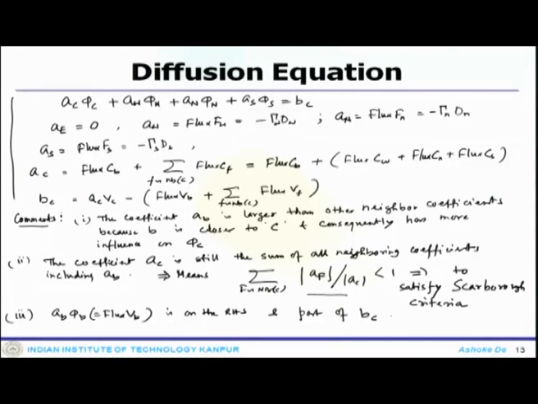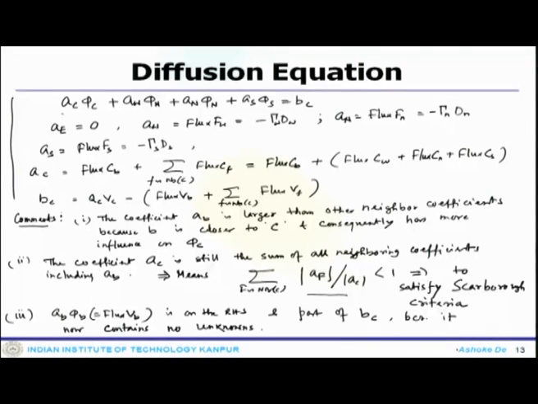And the reason is that it now contains no unknowns. Okay. So, there are three very important observations one can make out of this Dirichlet boundary condition implementation.